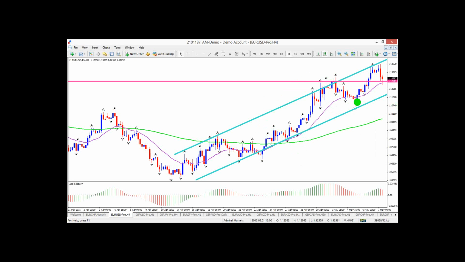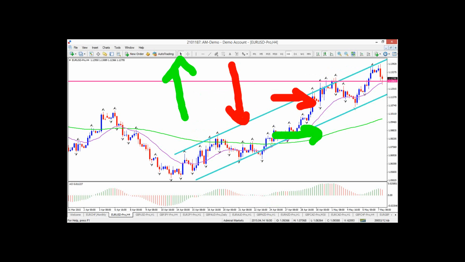Then when price retraces back here, this is a correction because price is going against the 21 EMA, right? And it's also going against the trend. It's a corrective bearish correction, basically. Ultimately, we have four things we can see: a bearish momentum, bullish momentum, bearish correction, bullish correction.